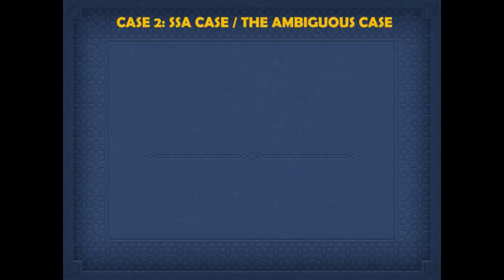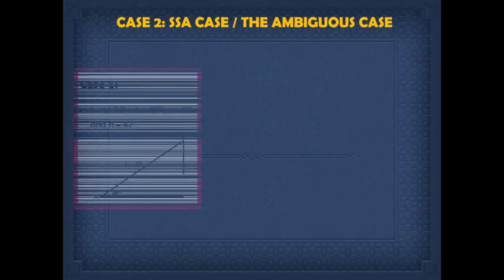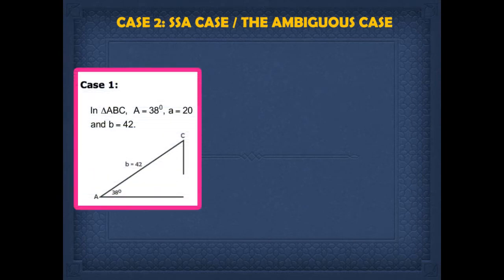Now let's look at the scenarios that fall under case 2, the ambiguous case. This is the first scenario that can happen. In triangle ABC, angle A is 38 degrees, side a is 20, and side b is 42 units.